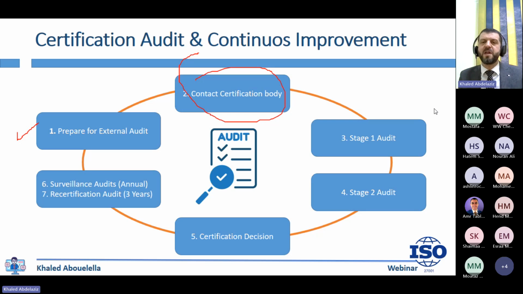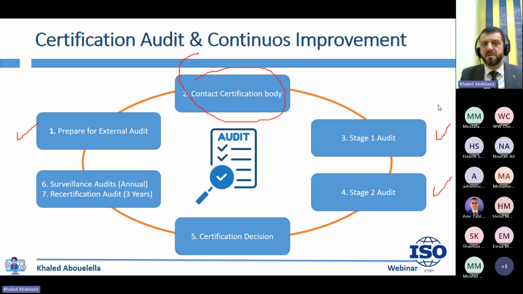Typically, you have a call with the certification program manager, then start the certification audit. Actually, we have two stages in the certification audit, stage 1 and stage 2. Quickly, stage 1 is simply for document review.